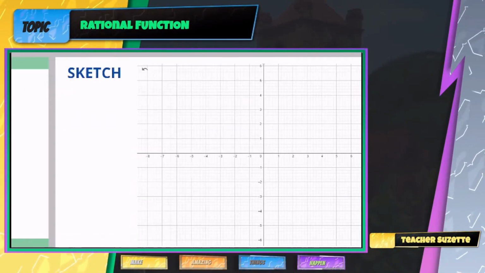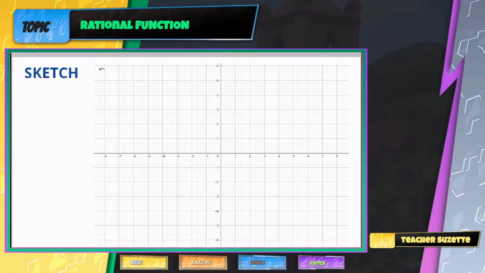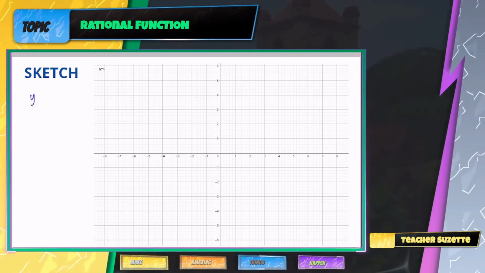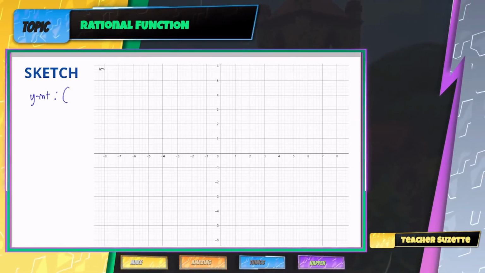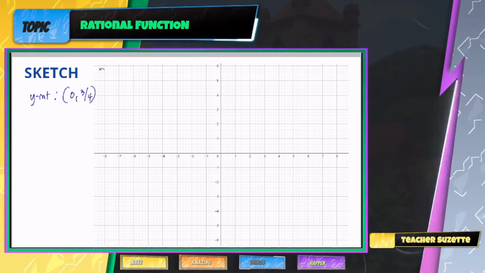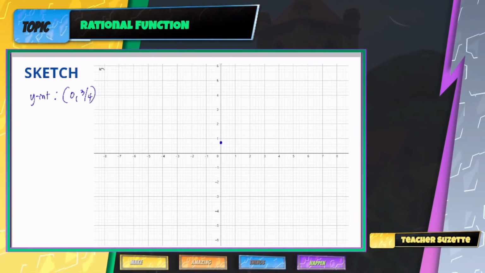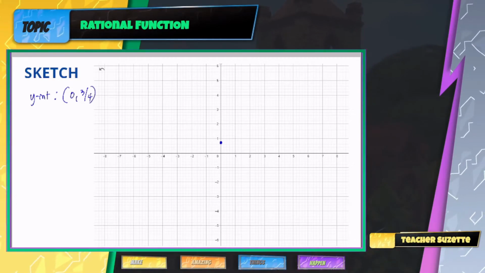So, una, let's try to sketch yung ating y-intercept. So, ang ating y-intercept is 0, 3/4. So, when you say 0, 3/4, malapit-lapit siya sa 1. So, let's assume na ito yun.